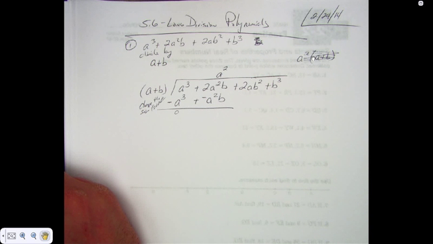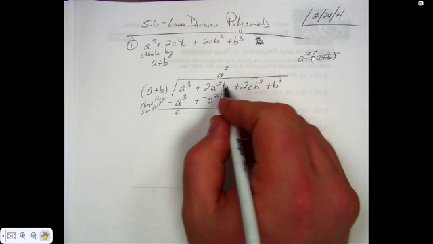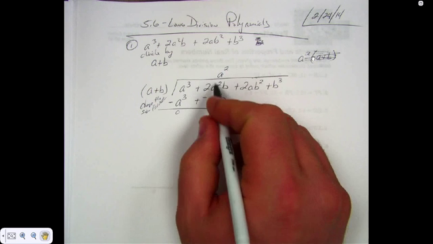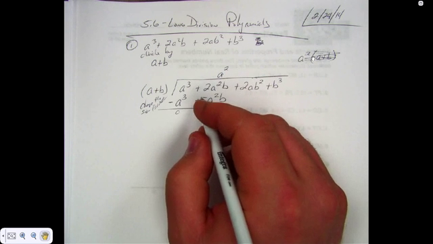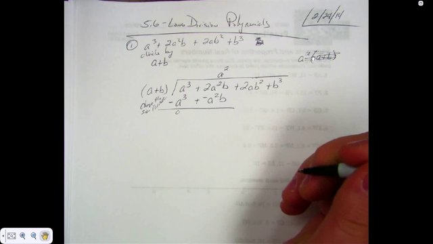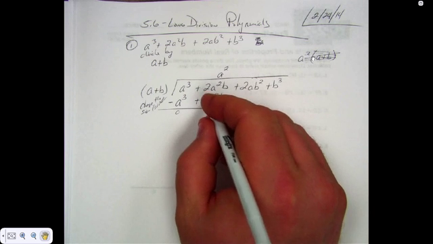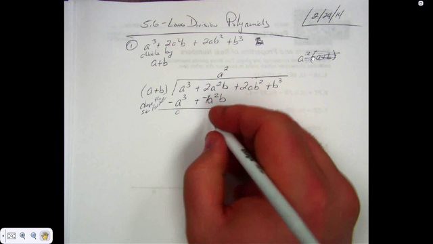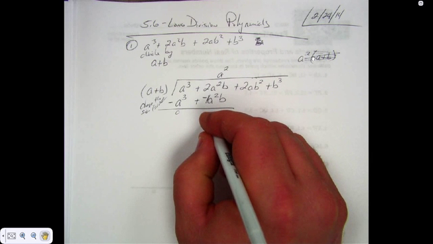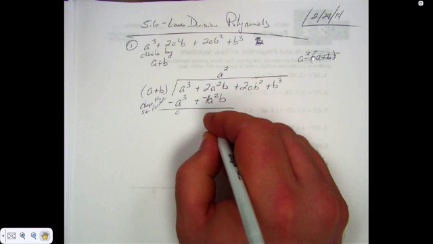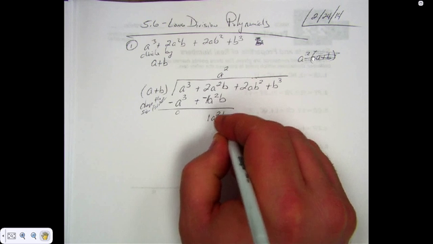Put your pencils down. 2a squared b minus a squared b. Are these like terms? Yes. What do I get? That's 1ab squared, correct? So what do I get down here? 1 what? Squared b.